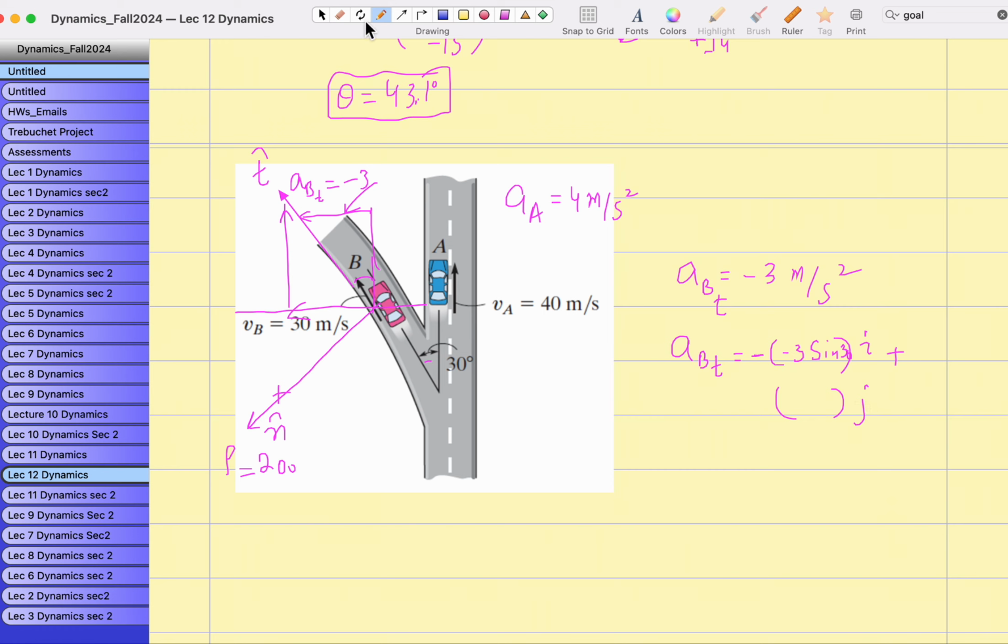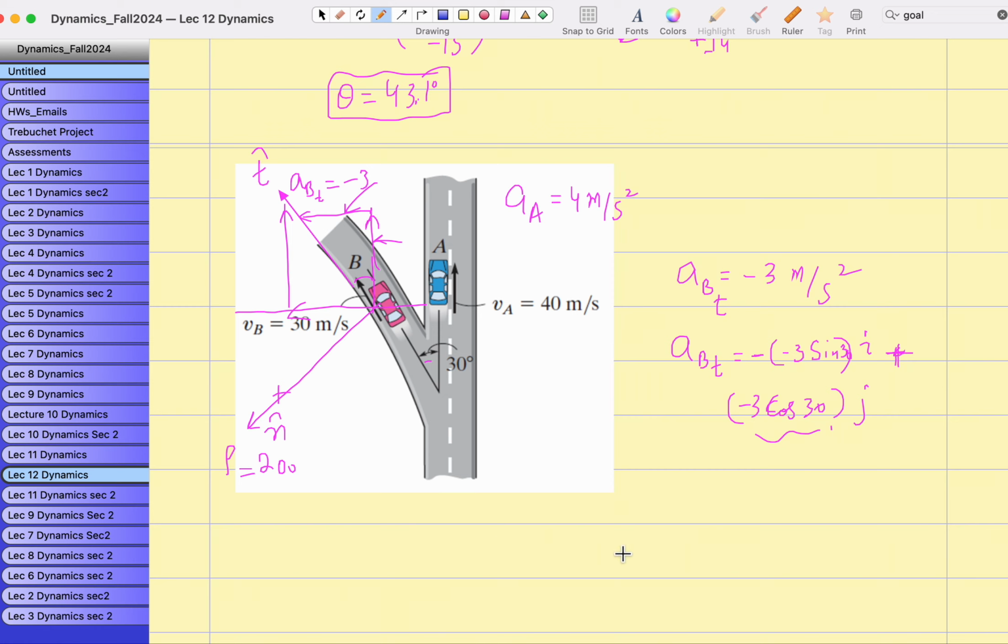And over here, this is positive. -3 cosine 30. And what is this equal to? Look over here, this is along the y axis, so this vector is along the j axis.